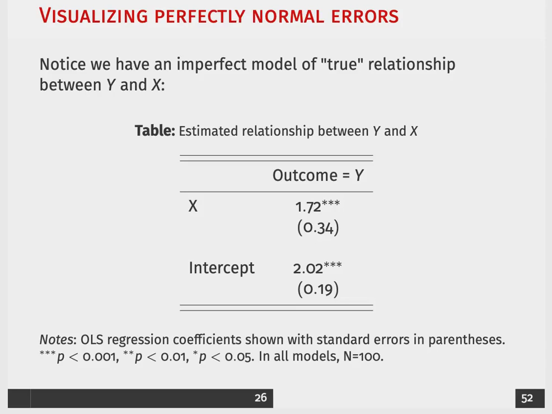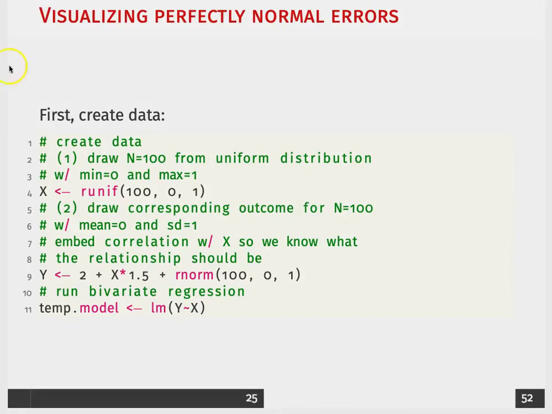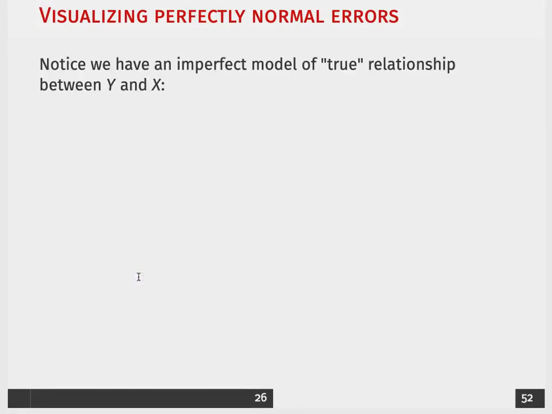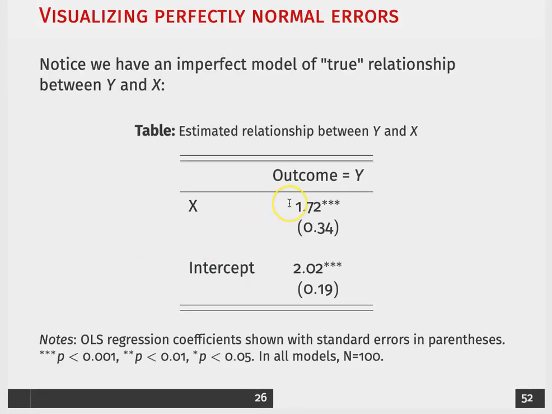We know from before, right, that we said the line should cross at 2 and the relationship should be positive at 1.5. In our estimated model, we see that the intercept, where it goes through the y-axis, is around 2, and then the relationship between x and y is about 1.72, compared to the true 1.5.